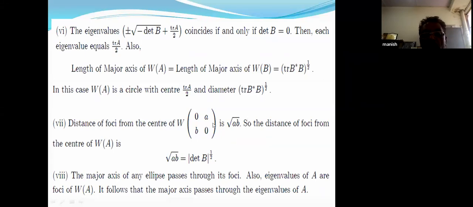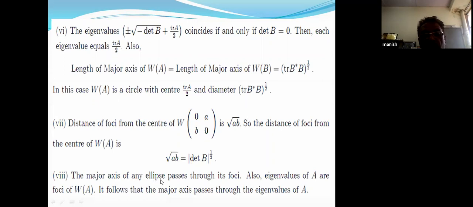Now the distance of the foci from the center of the ellipse corresponds to this numerical range, which is root AB, and root AB is modulus determinant B power half. So for the numerical range of A, the distance from the center is modulus determinant B power half.